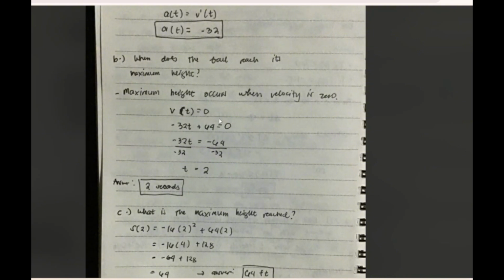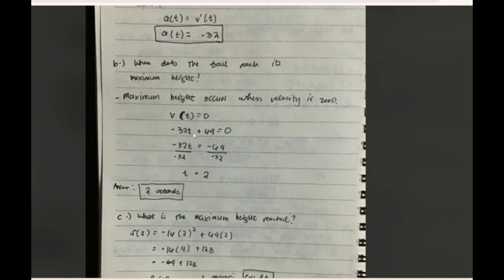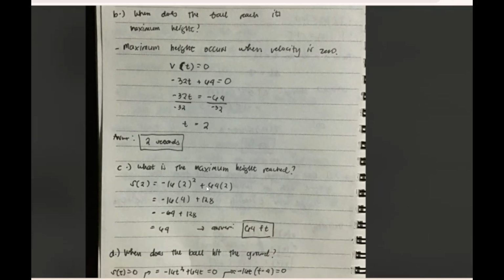Now we move 64 to the other side, and then divide each side by negative 32, and by applying division, we have obtained the answer, which is 2 seconds. So after 2 seconds, the ball will reach its maximum height.